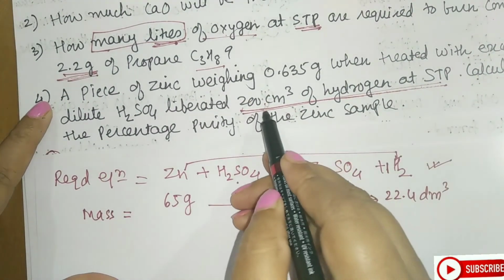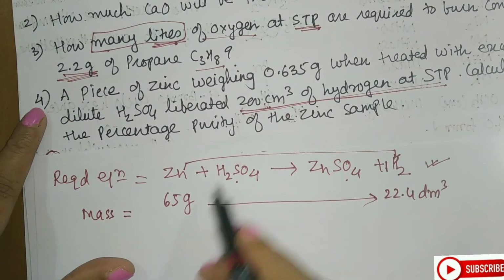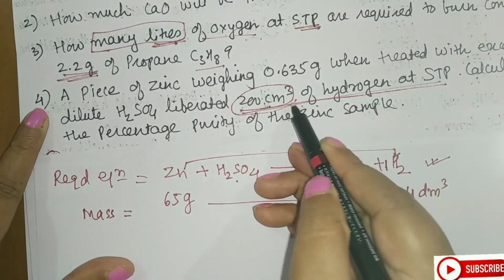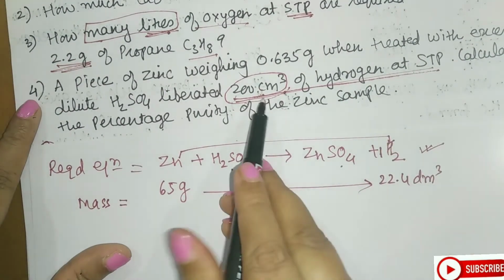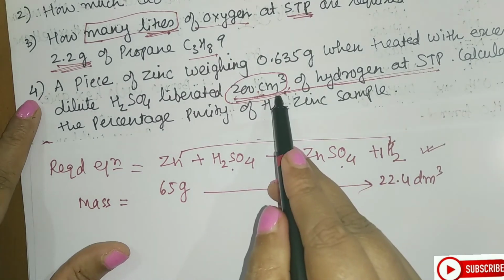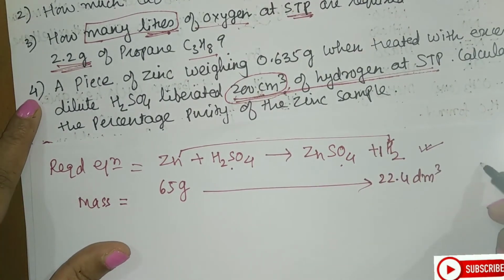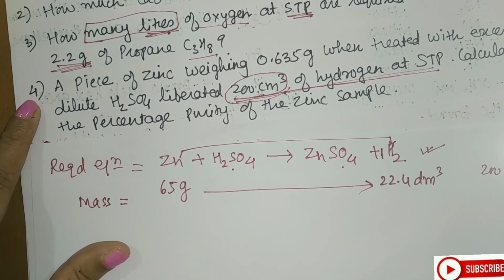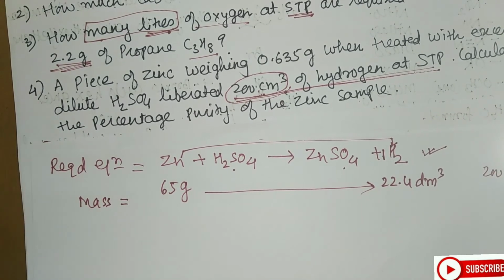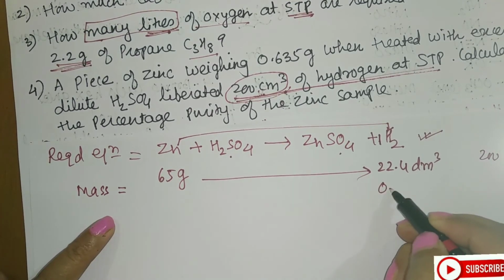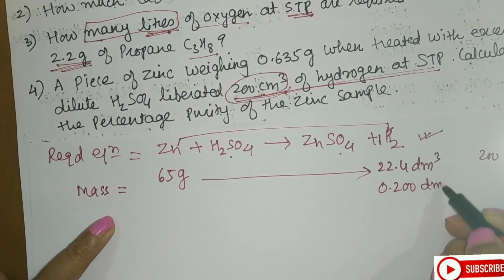Now they are asking what amount of zinc is required if this much hydrogen is given out. Students, this is in dm cube, this is in cm cube. So I will convert this 200 cm cube into dm cube, which is 0.2 dm cube. So let us use 0.200 dm cube or liter.